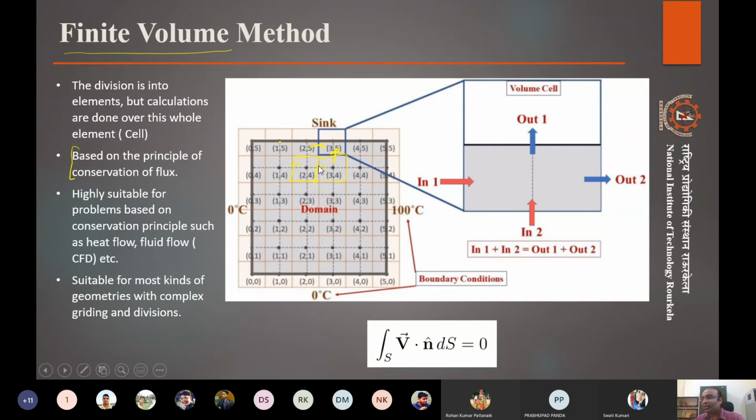For each of the surfaces, the integral of v dot ds is 0. Whatever the input is, that will be the output, or the total surface integral of the volume will be 0. So it becomes very easy to program this kind of scenario.